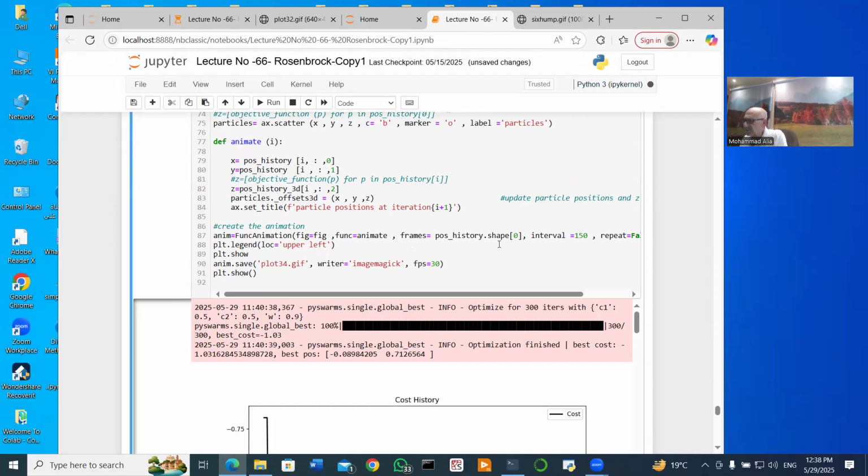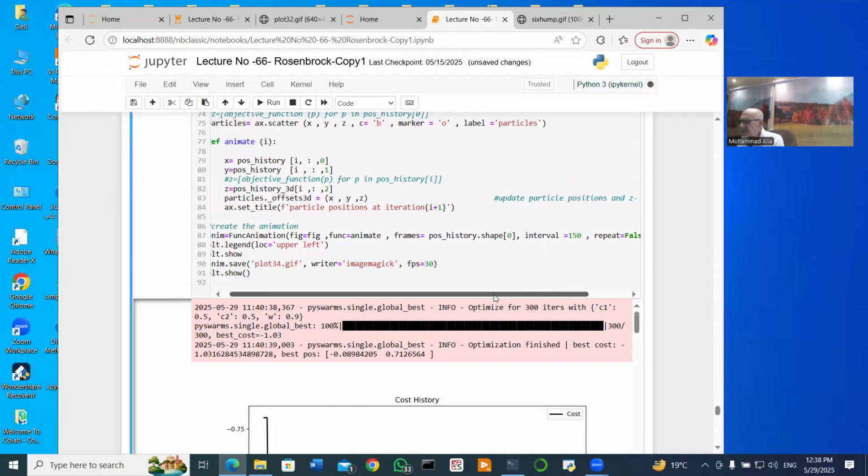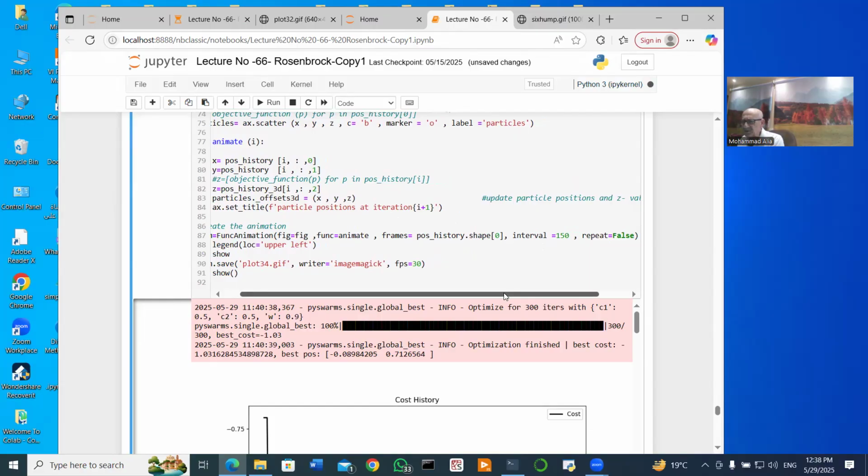You can write equal 300 or the position history shape 0. The shape 0 of 0 gives you the number 300. The interval between the frames is given 150 milliseconds, and I do not want it to repeat animation, just one time.